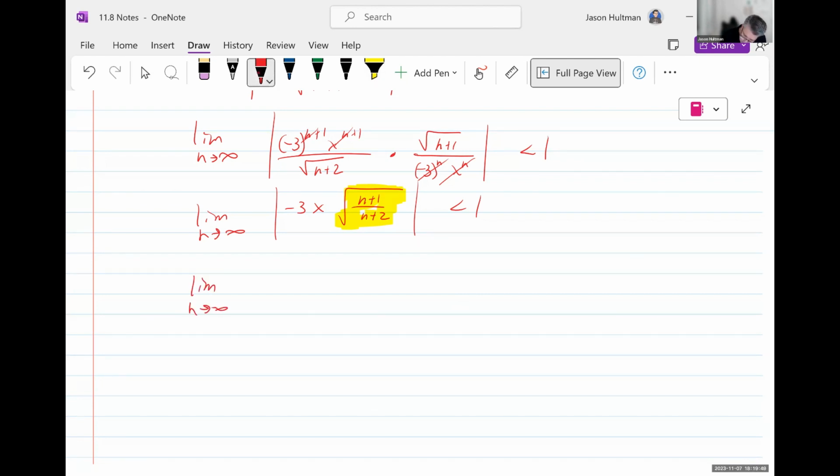So the limit as n goes to infinity of the square root of n plus 1 over n plus 2, times the absolute value of negative 3x, is less than 1.